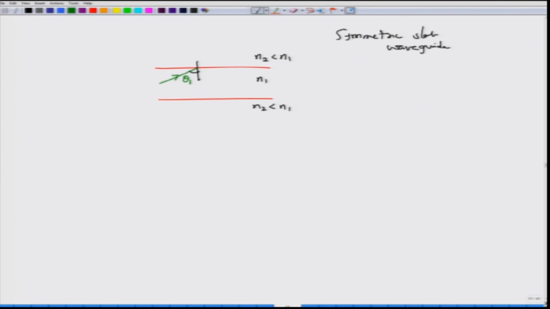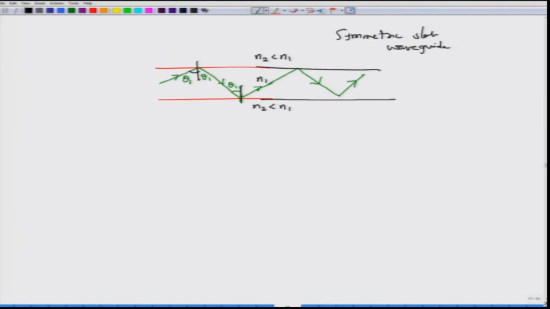Once I ensure that, I know that the light that gets reflected off would also be making the same angle theta 1 with the lower interface as well. So, this would also be theta 1, and therefore, light would be reflected back from this. So, the net effect is that after a few zigzag reflections, the light would then arrive at the receiver.